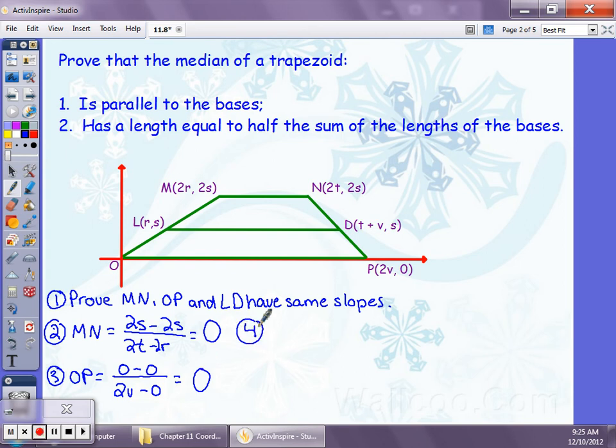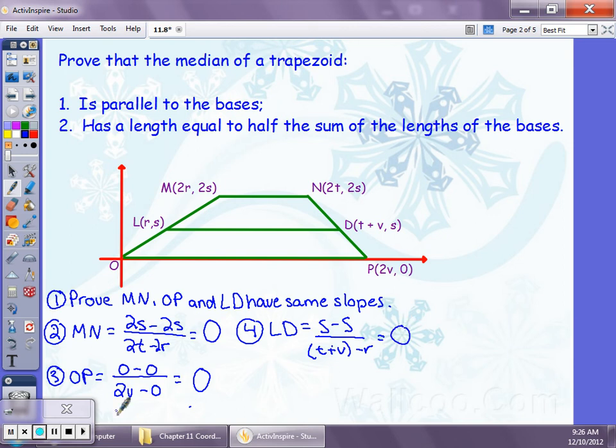So the median is LD. So the slope of LD is S minus S over T plus V minus R. So again, S minus S is 0, and 0 over anything is 0.